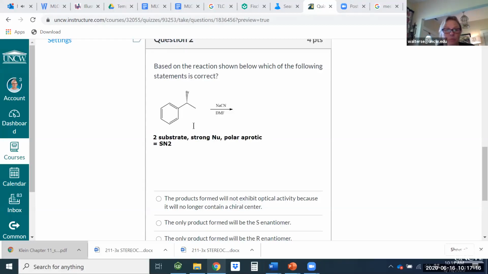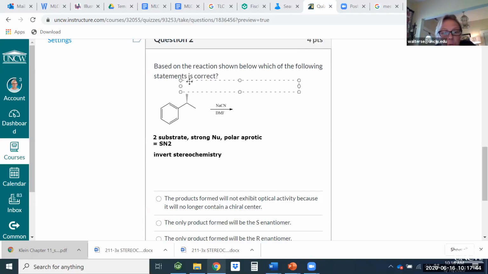Okay. If you do the analysis, SN2 reactions are going to invert the stereochemistry. So everybody's answers get a little bit scrambled. You have to know whether this is R or S and then the product will be the opposite.